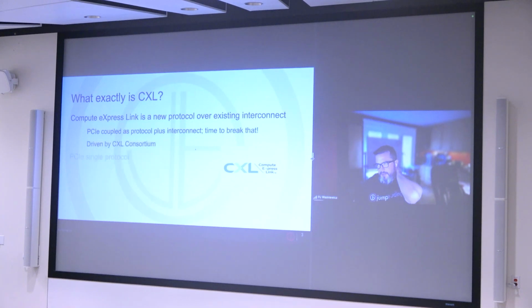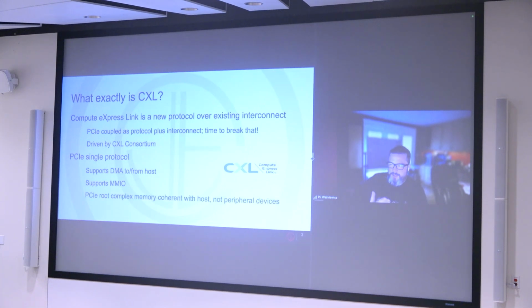So CXL stands for Compute Express Link, and it is a new protocol. Actually, specifically, it's a set of new protocols that run over an existing interconnect. Whenever I do talk about CXL, I try to be very pedantic about this. PCIe up until now, for the last decade and a half or so, has always described both the protocol and the physical interconnect.